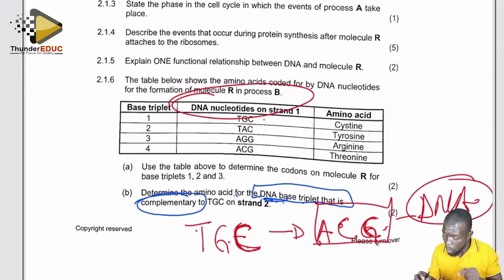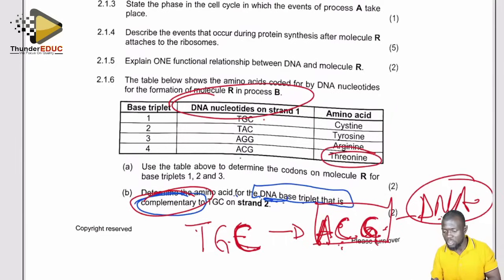They are looking for the complementary, so it's going to be ACG, which is threonine. So that is the correct answer.